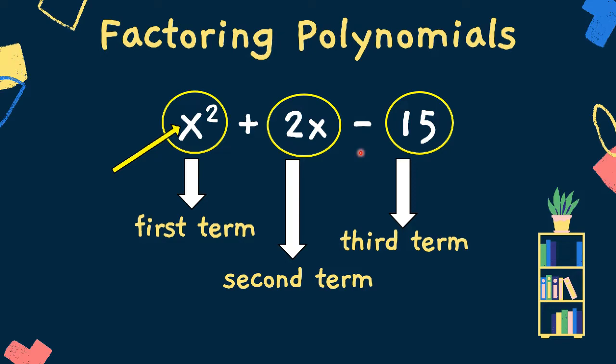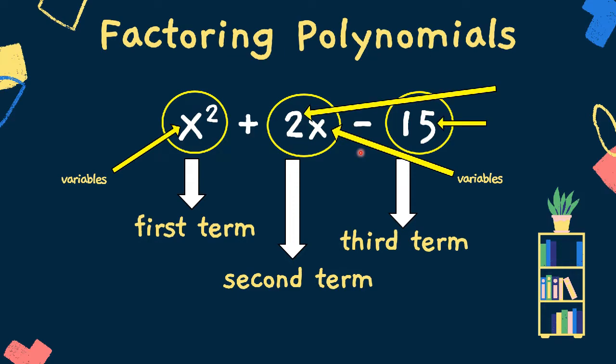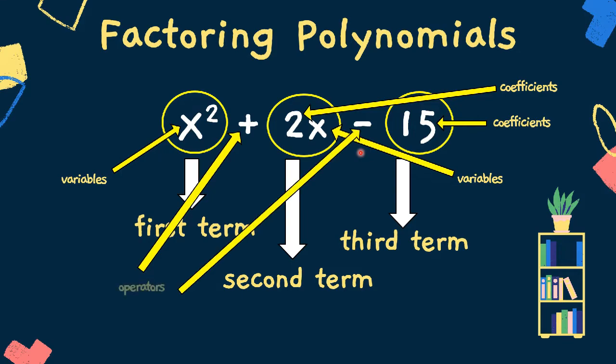Each term in a polynomial consists of either variables or letters, coefficients or constants or numbers, and of course we also have the operators such as addition and subtraction. We can also have multiplication and division. So in this example, we have addition and subtraction, sometimes referred to as positive or negative.